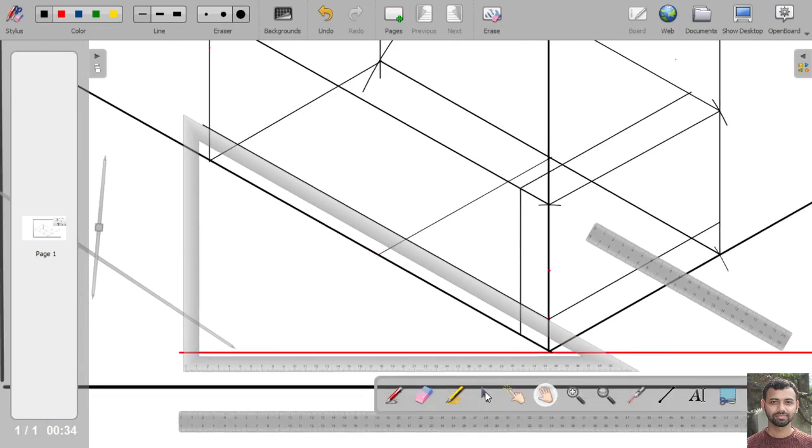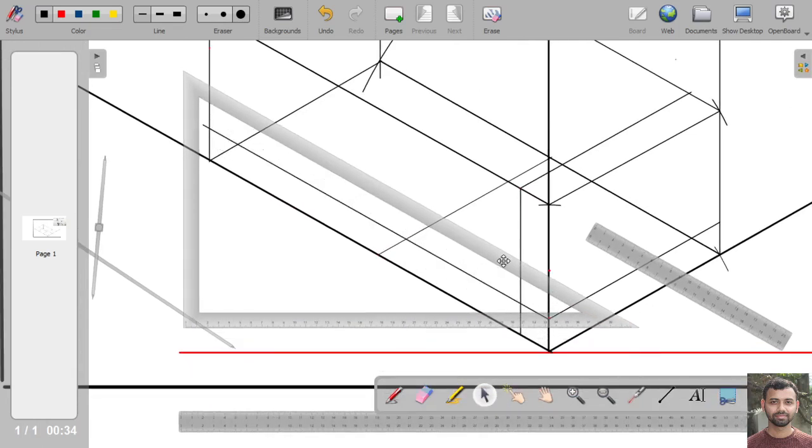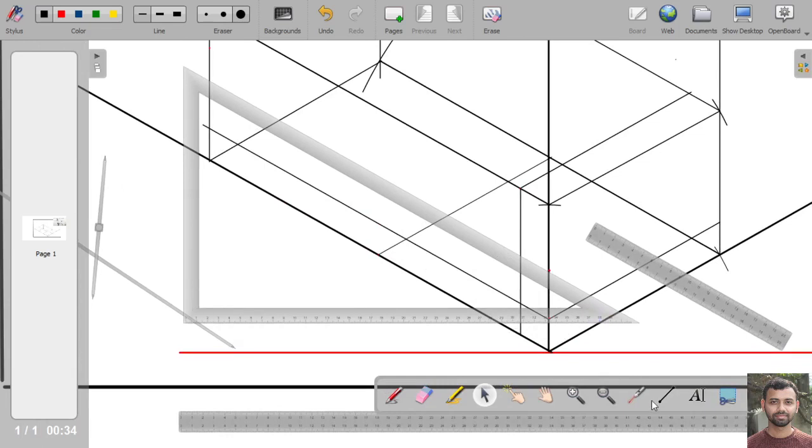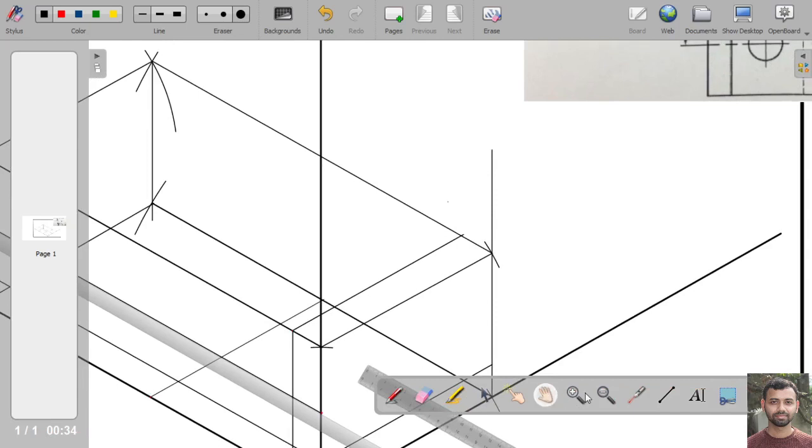Similarly, from this point also we will draw the line. Okay, so all the lines that we are drawing are isometric lines, as all the lines are parallel to the isometric axis.